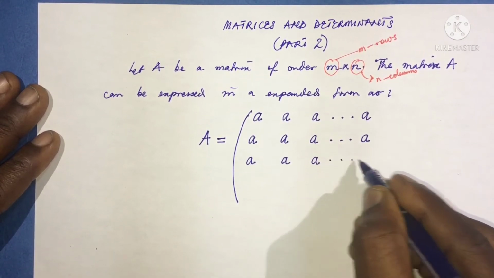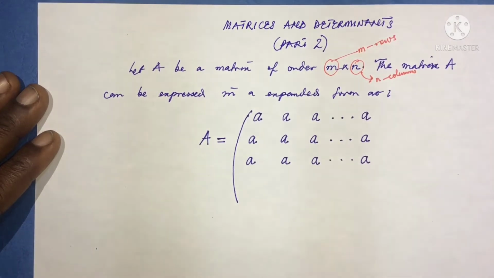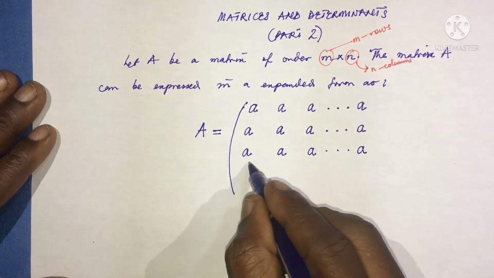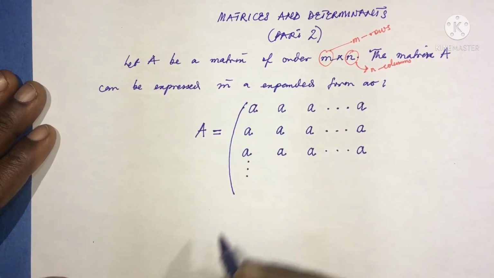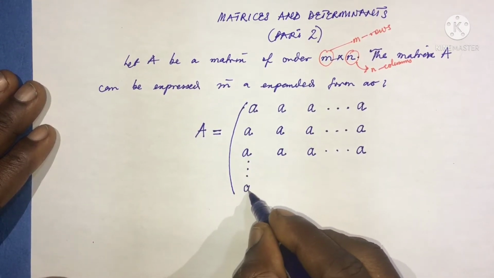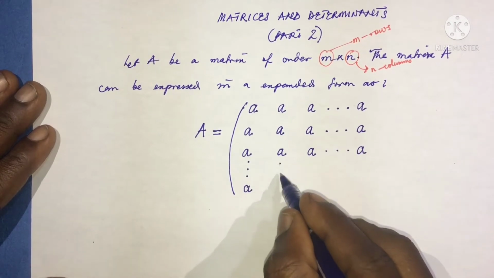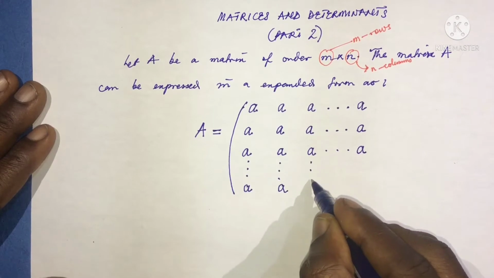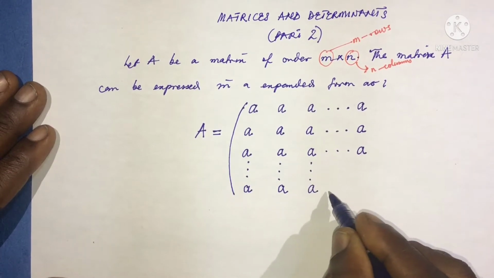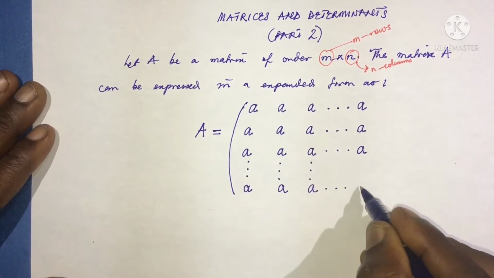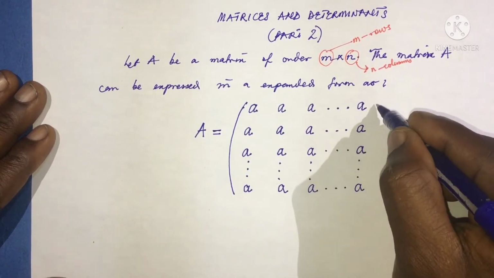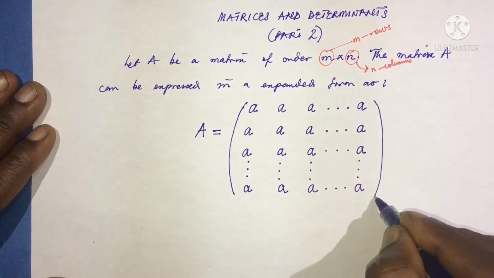I'm going to put vertical ellipses as well, and end with a for each case. I'll tell you why I'm doing that, but just follow me. That will close my bracket.